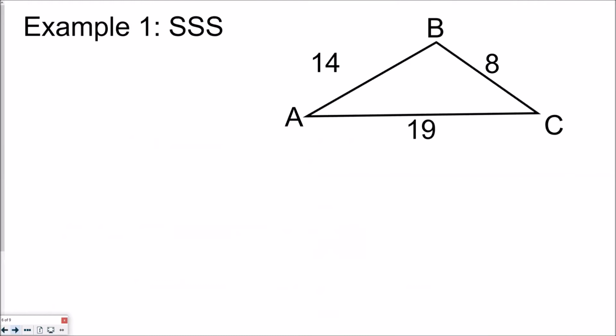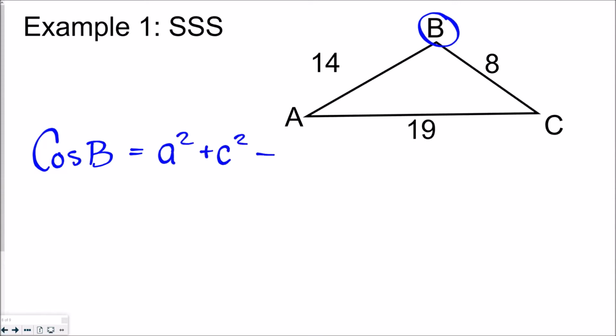Angle B. All right, so I'm going to get that one first, setting it up using cosine of B. It looks really complicated, but I'm looking for angle B. If you look at your formula, see how it says A squared plus C squared minus B squared? Just take the letters that don't go with the angle, A squared plus C squared, and then subtract the side that does go with that angle.